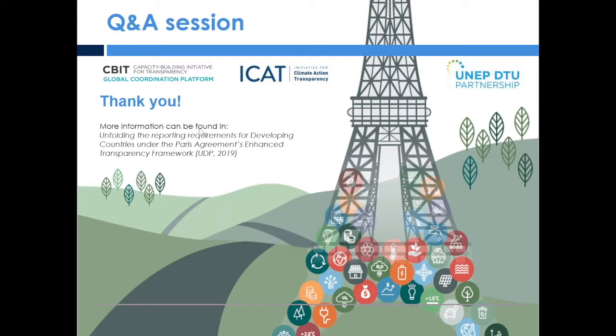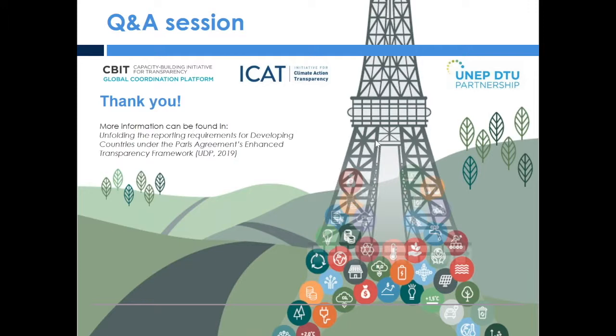For instance, in the year of submission, if the national communication intersects with the BTR or NDC. So one question is about the contents, and another one is about the frequency. When can they be submitted together?